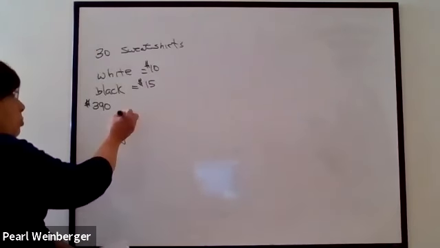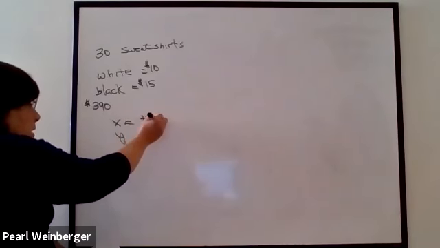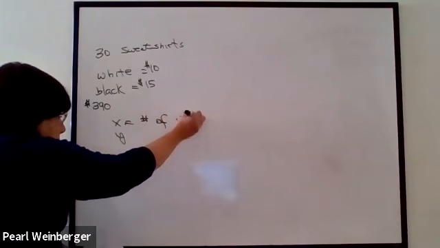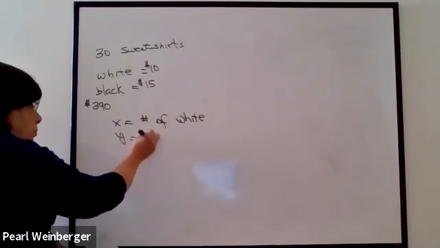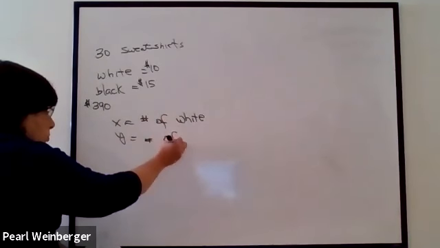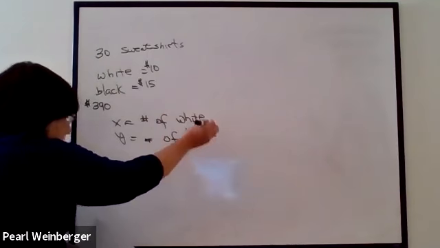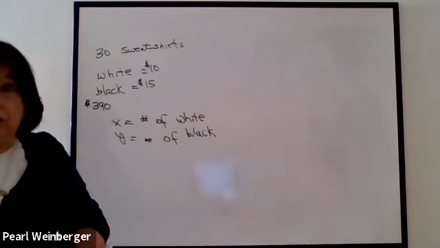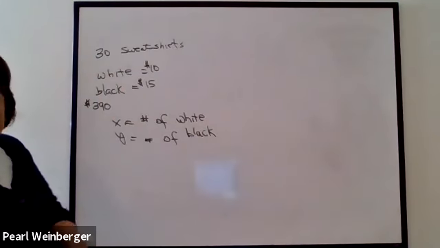So let's call X the number of white sweatshirts that were sold, and let Y be the number of black sweatshirts that were sold. If I just said white sweatshirts, the X could stand for the price, which doesn't make sense because we know what the price is.